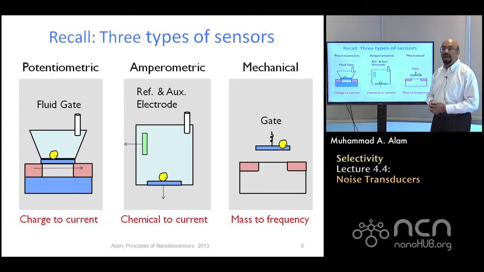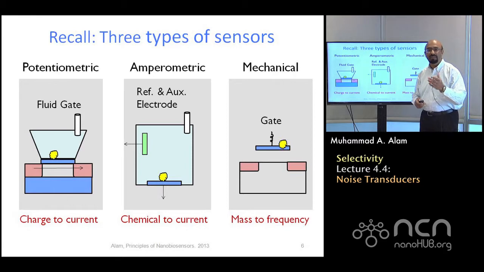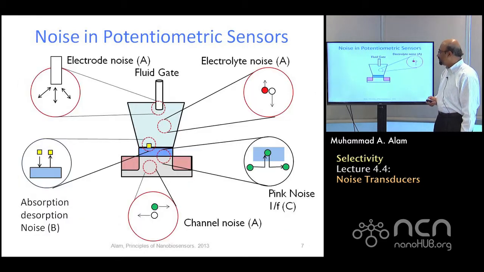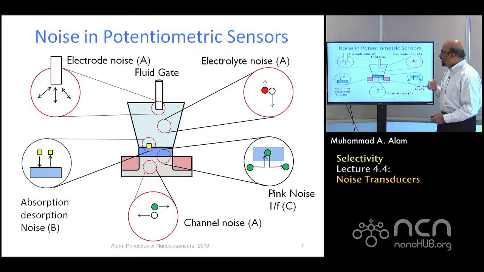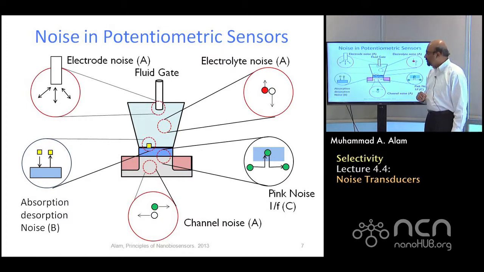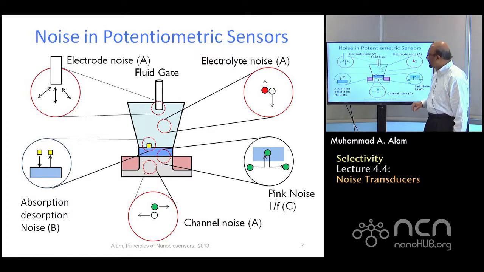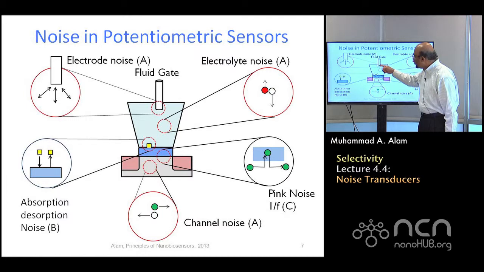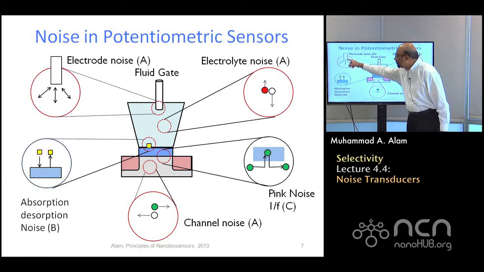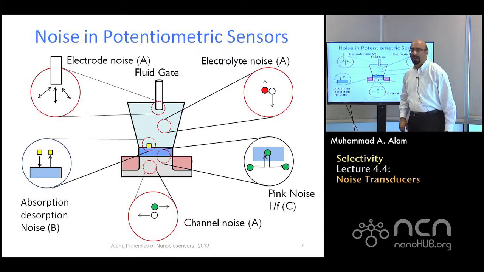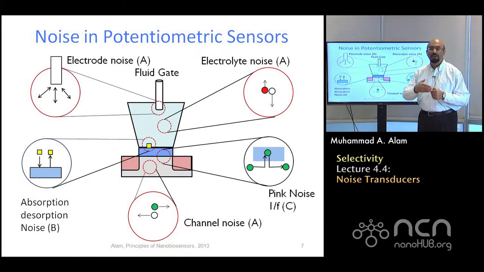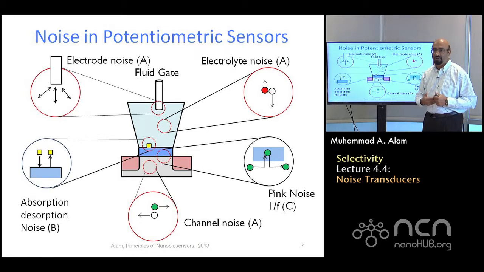So let's see where these noises are coming from. What is the physical origin of these noises? Here I show 5 examples. The first example is, let's look at the entire potentiometric sensor. When the electrons go in and out of the fluid gate, there is a corresponding noise, because sometimes 50 electrons will go in and sometimes 48 electrons will go in.